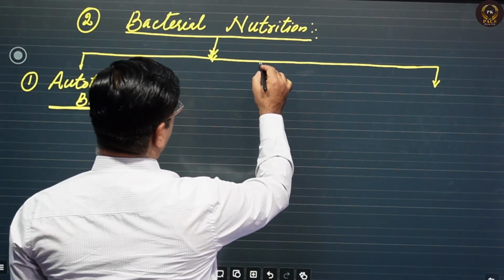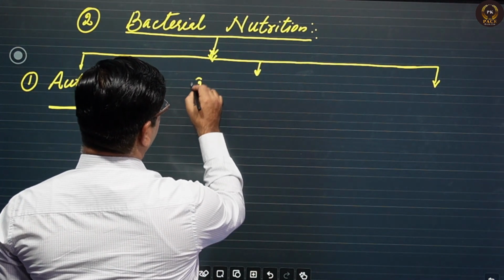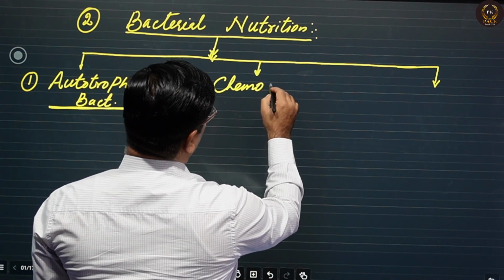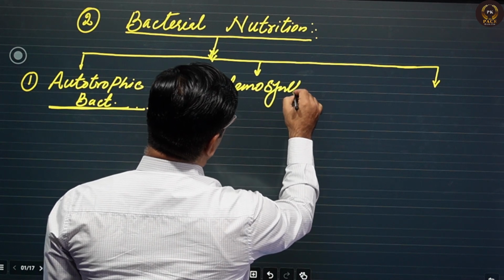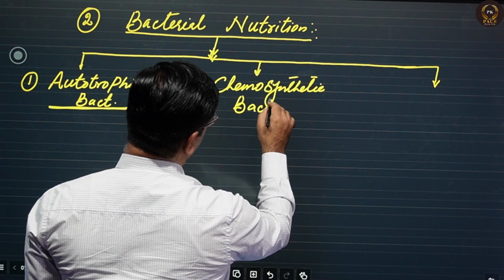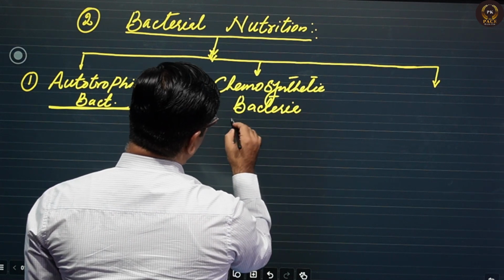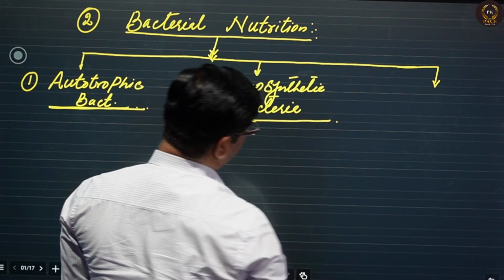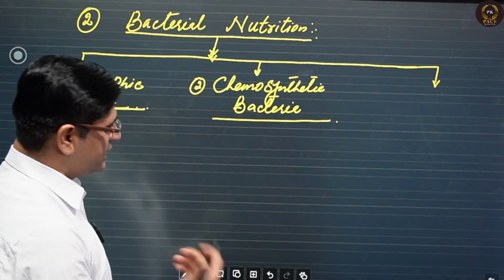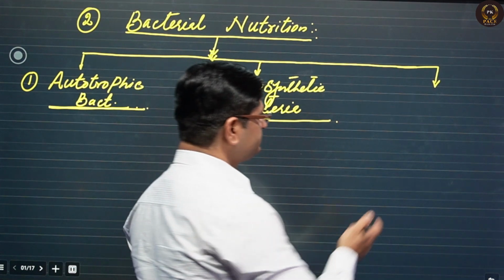The second category of bacteria is called chemosynthetic bacteria. Bacteria who obtain their nutrition by chemical means are known as chemosynthetic bacteria.